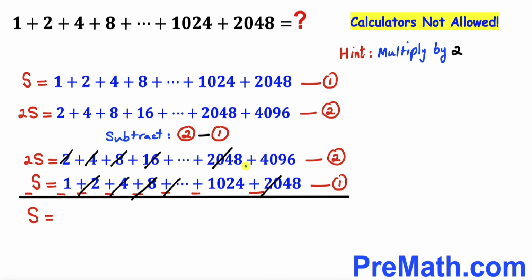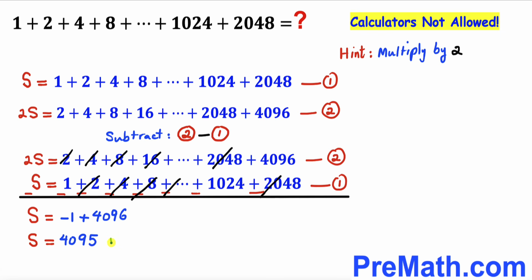So we are only left with these two numbers, negative 1 plus 4096. So we can write negative 1 plus 4096, and when we simplify, that gives us 4095.